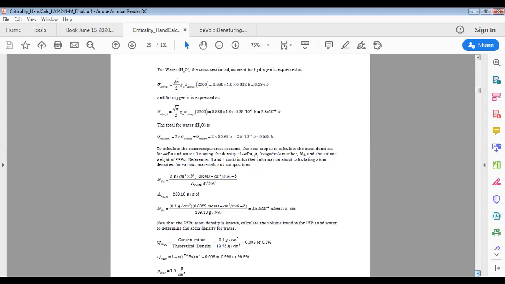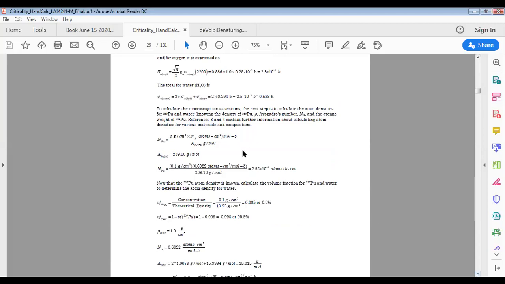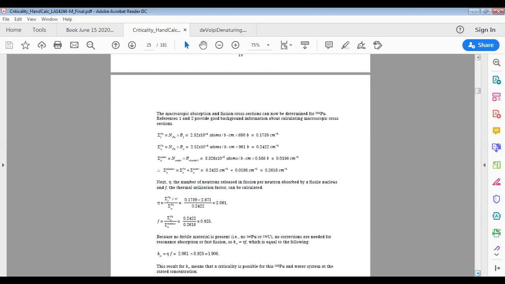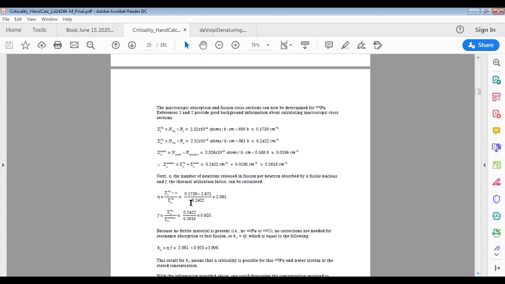Same thing for water. And this is what I introduced to you in lectures 2 and 3, how to find the number density from Avogadro number. So you repeat the same thing over here, and you find the four-factor formula. Remember, it was epsilon p eta f. Epsilon is about 1, then they've assumed that p is about 1, because there's no fertile material present.